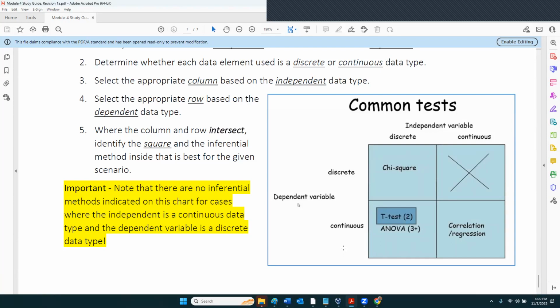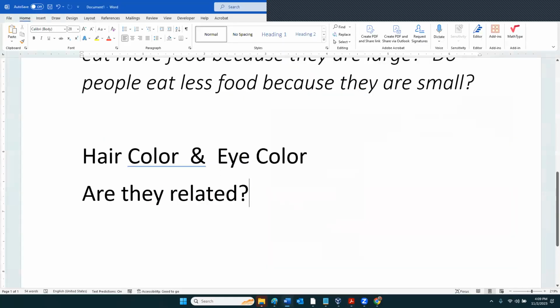What if I'm comparing three or more things, like hair color and eye color and body mass? Because I want to understand if there are relationships between two or more things, not just two things.